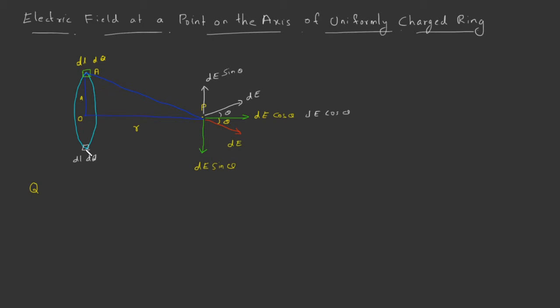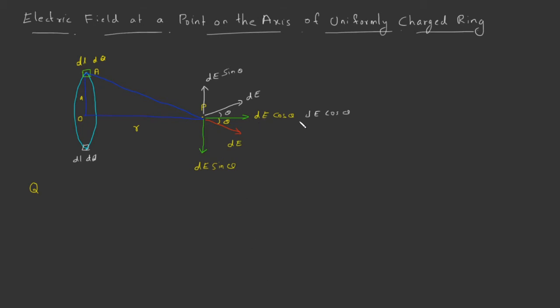In this case, the perpendicular components, that is the sin theta components, will be opposite to each other and they will cancel. So due to this symmetry, the perpendicular components will cancel each other and the components along the axis will add up. That is, the parallel component, dE cos theta, will add up due to each element.